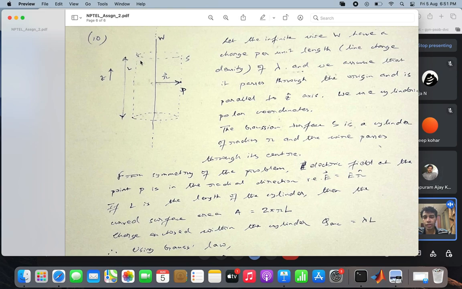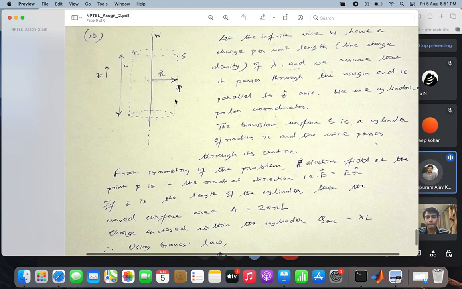So lambda into L is the total charge enclosed within my Gaussian surface, which is a cylinder of length L. Actually, Q is lambda into L, because Q is the total charge that is enclosed, and lambda is the charge per unit length.